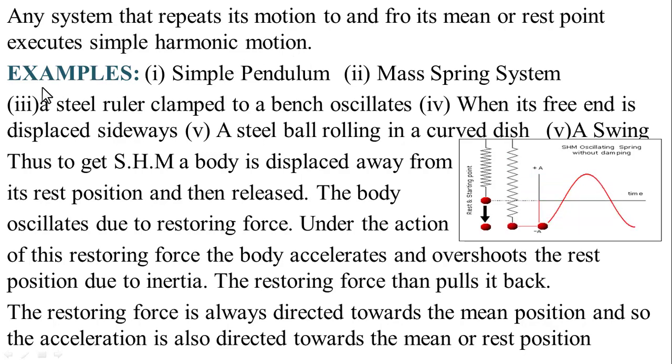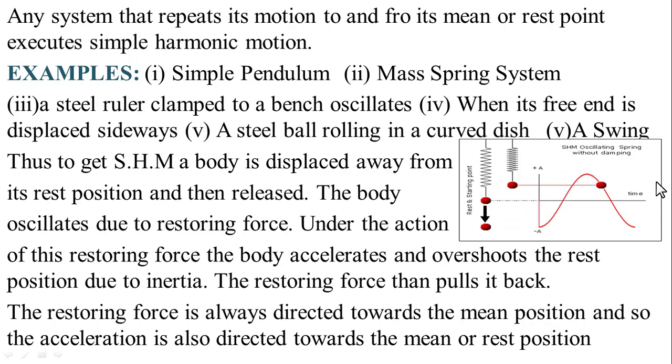Some examples: a simple pendulum, a mass spring system, a steel ruler or a hacksaw blade clamped at one end and displaced sideways, a steel ball rolling in a curved dish, or swinging. In this diagram, you can see that these perform simple harmonic motion.